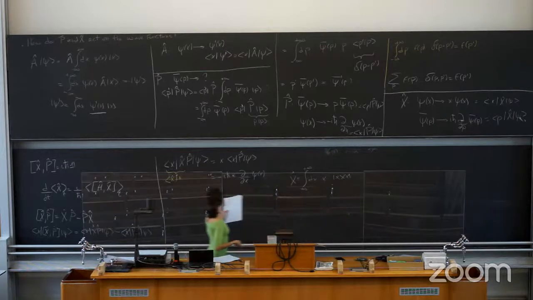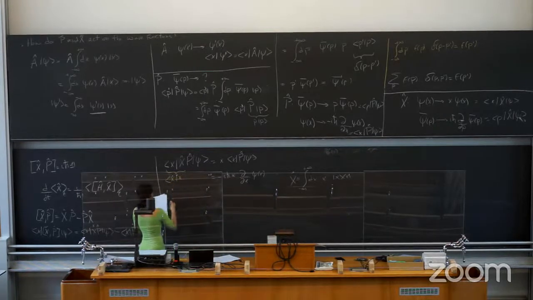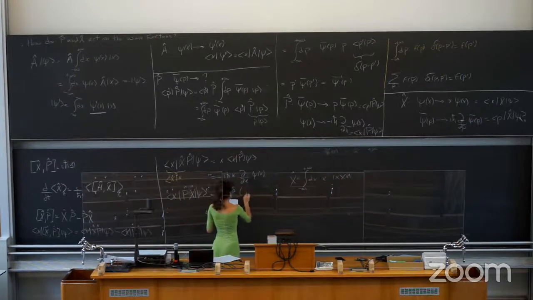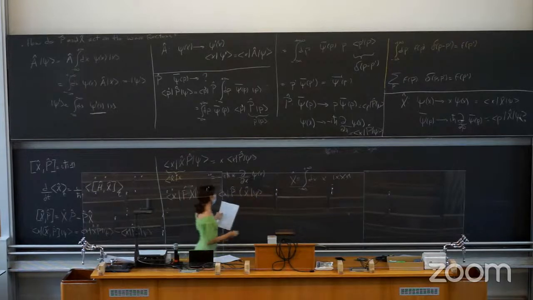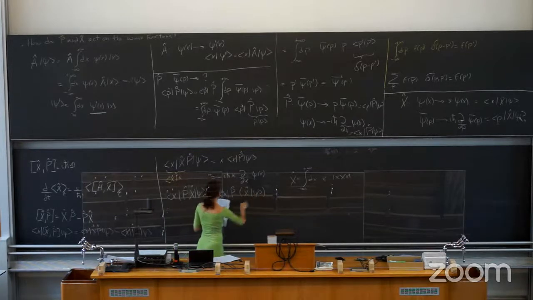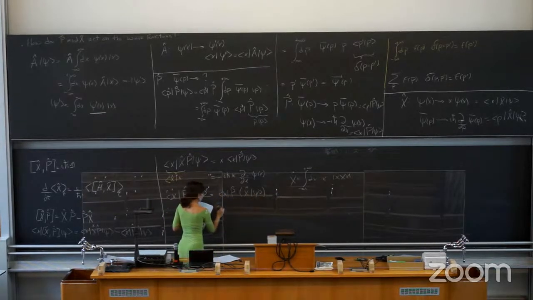Okay, so this was the easy part. So this was one of the terms. Now we do the other term, which is much more annoying. X P psi. Well, we leave this two alone for now, and we just act X on psi, and we're going to expand psi here.